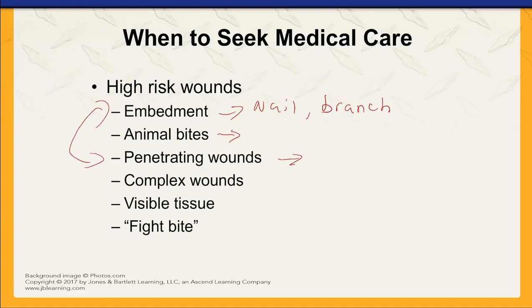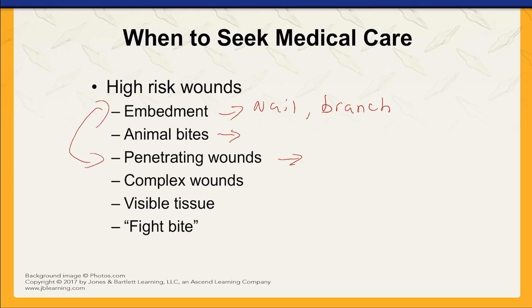In addition to that, it might be a combination of, for example, an avulsion and a penetrating injury, or an avulsion and someone that's bitten you as well. So again, you have multiple injuries, multiple types of trauma that you've been afflicted with.